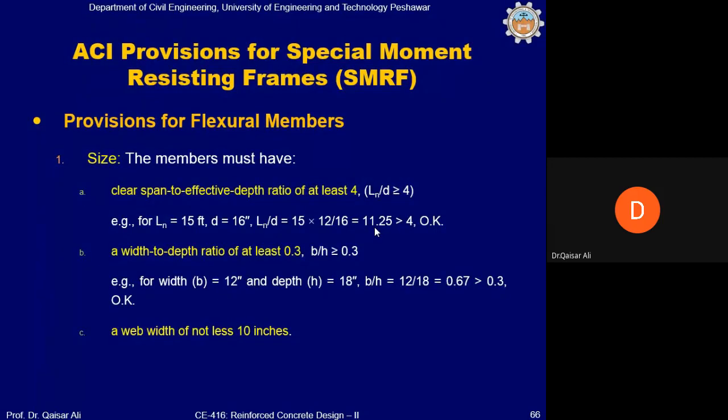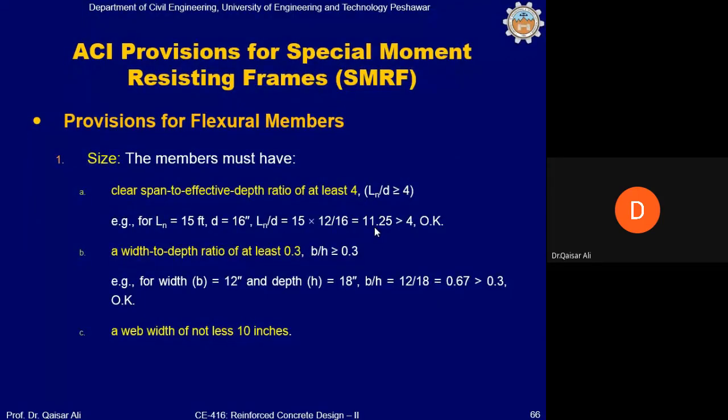You know that failure of a beam in flexure is a desirable phenomenon, unlike failure of the beam in shear, because shear failure is very abrupt and brittle, and therefore we would not like our beams to fail in shear.